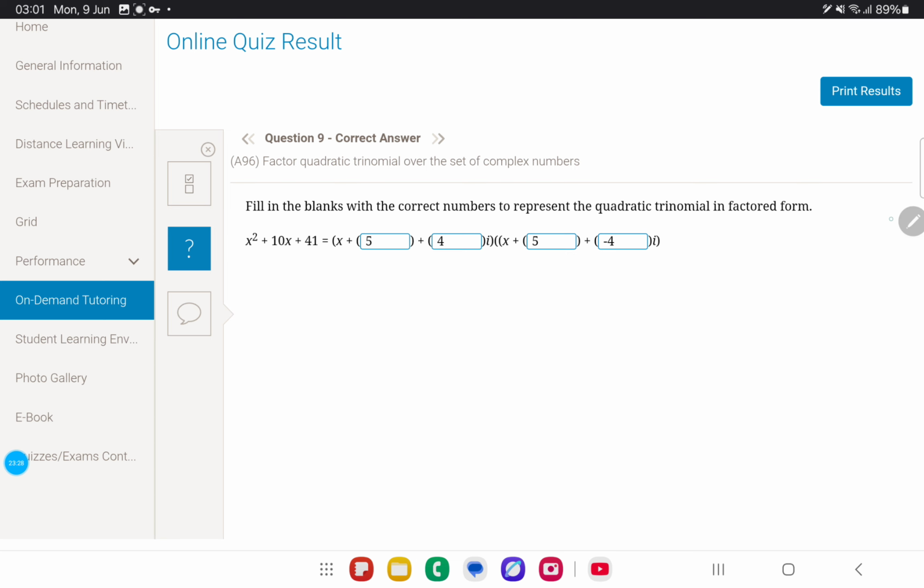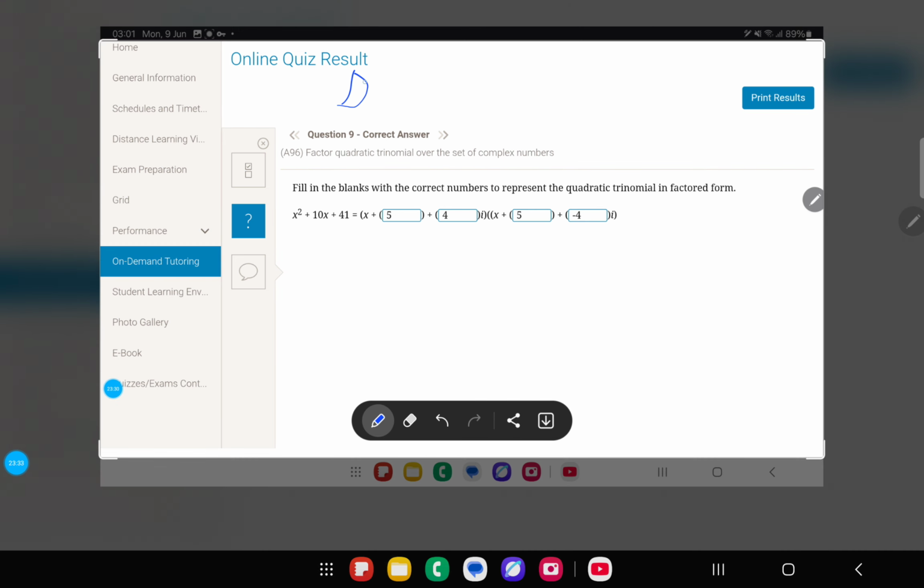Here again, same thing. We want to find the delta, right? We do b squared minus 4ac. We have a as 1, b as 10, and c as 41.